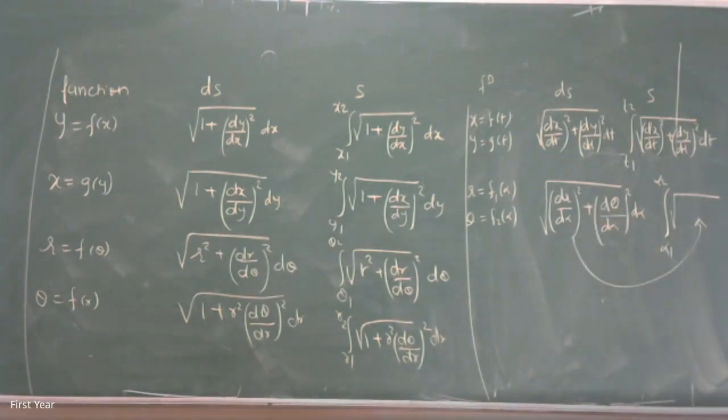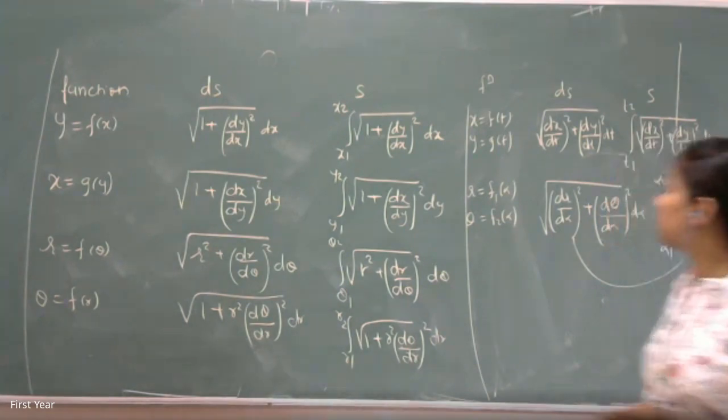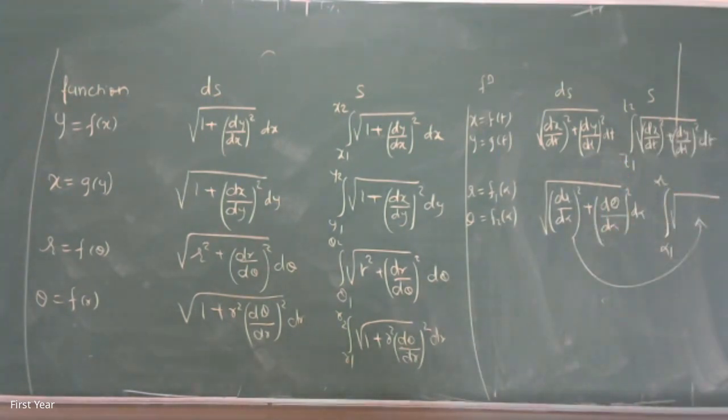This may come in your MCQ, that's why I've given you the formula. But the ones which we are going to use are first one, second one, sometimes third one, and this fourth one. The first, third, and fifth are important.